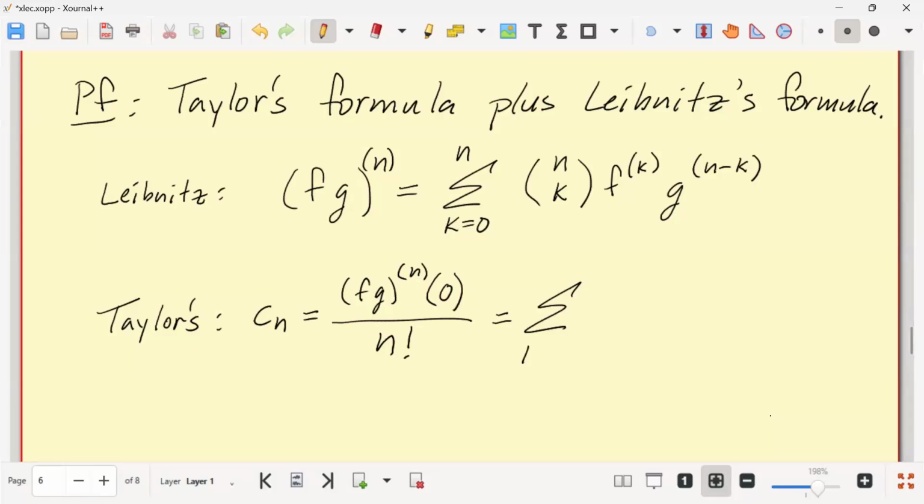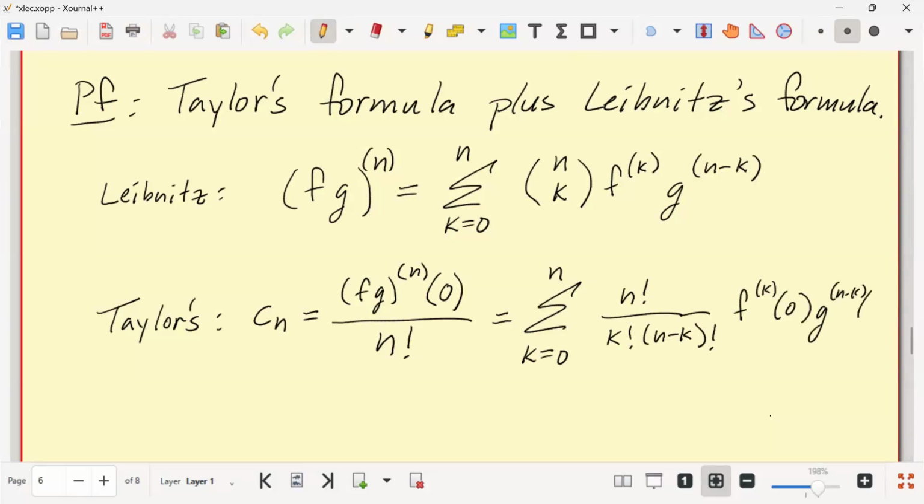Sum as k goes from 0 to n. Let me write what n choose k is. It's n factorial over k factorial times (n minus k) factorial, times the kth derivative of f at 0 times the (n minus k)th derivative of g at 0.